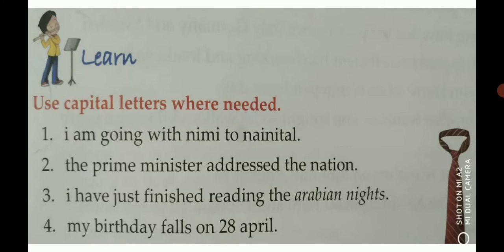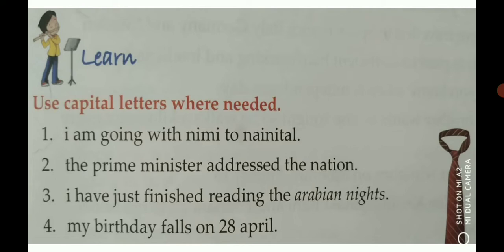Number 1 is: I am going with Nimi to Nainital. Do you remember where we use the capital letter and what is the first basic rule? The first letter of the first word of every sentence is capital.